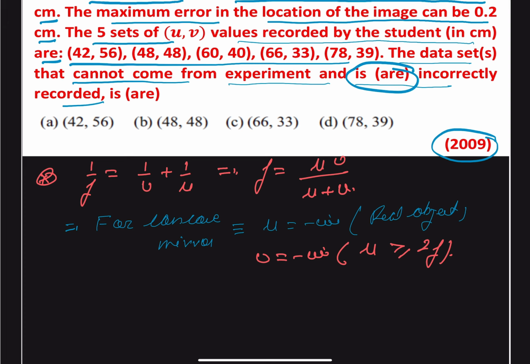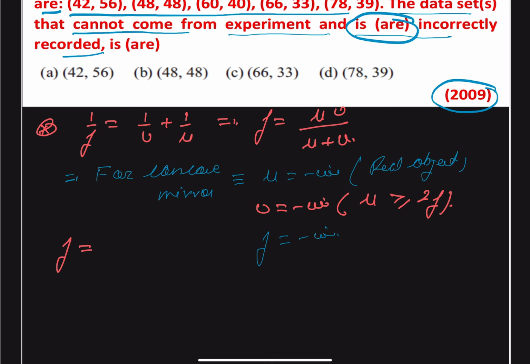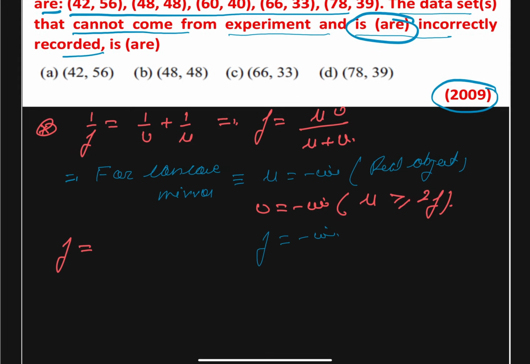And the focal length f is always negative for the concave mirror. And we are given that the focal length is 24, so f is given as minus 24 centimeters.